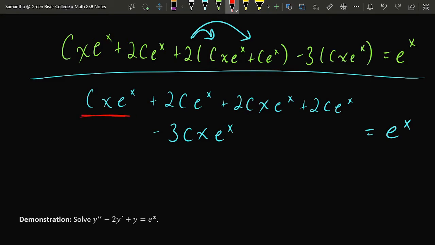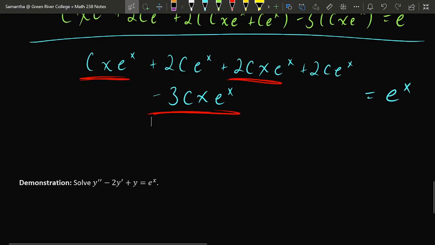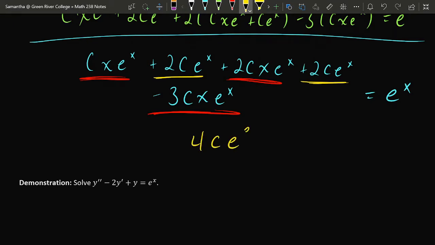Now if we combine like terms, we find that the three terms containing x e^x completely cancel out, and the terms containing just e^x can be combined into 4c e^x.